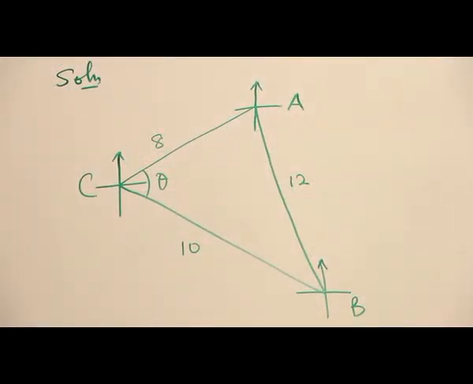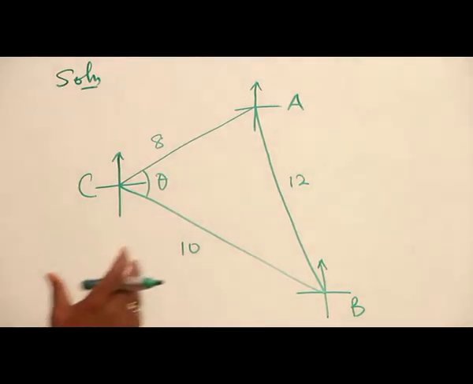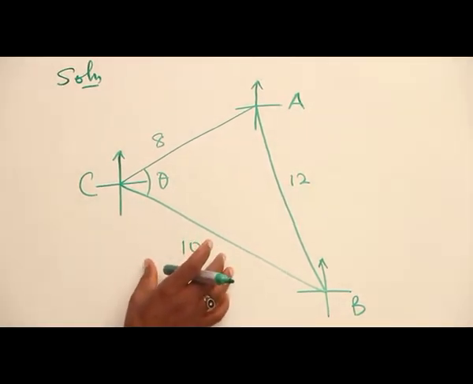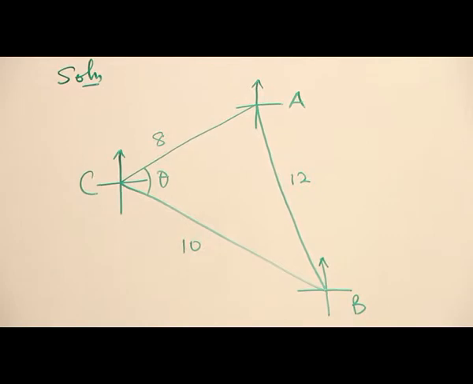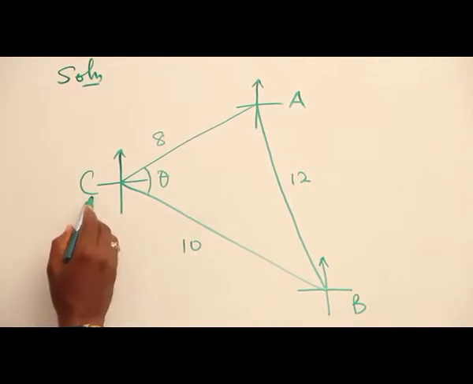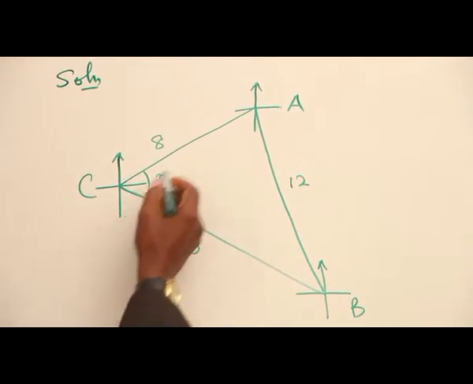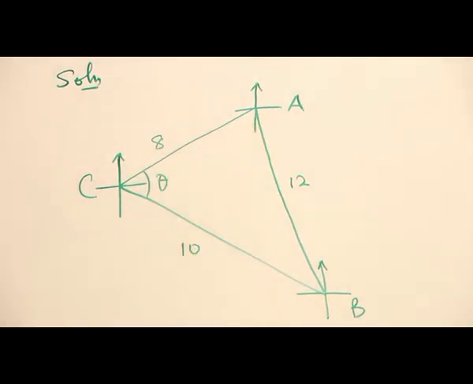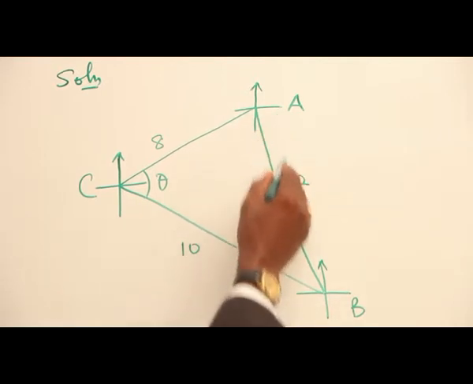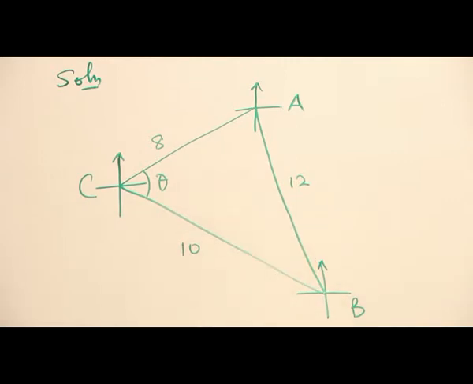Okay, we'll take a look at how the diagram for this problem will look. The takeoff point is C, and we have the point A, which is 8 kilometers away from C, and the point B, which is 10 kilometers away from C. And then we also have the distance between A and B as 12 kilometers.